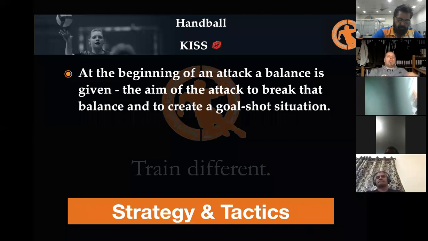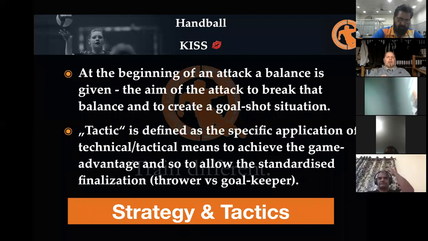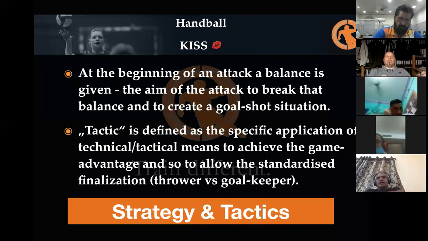And everything we summarize under this idea of tactics is the summarization of technical elements to achieve that situation where the players can shoot easily or with a high probability of success. And we call this the game advantage.